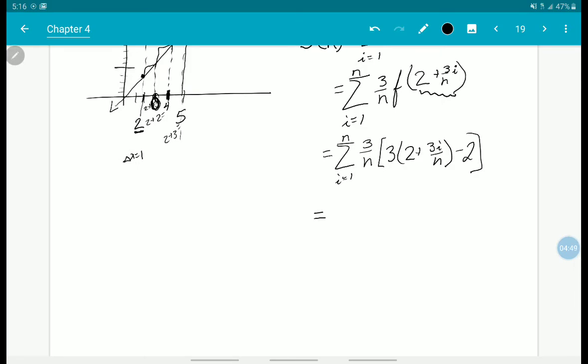So let's do some distributing here. This is going to be 6 plus 9i over n, minus 2. Six minus 2 is 4.